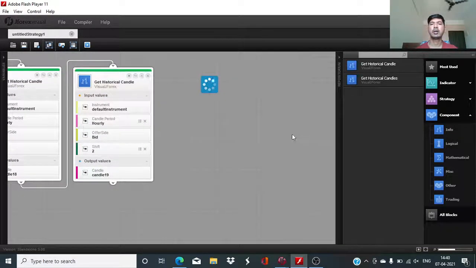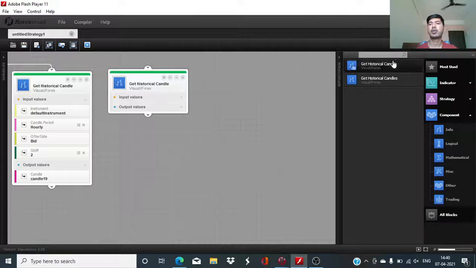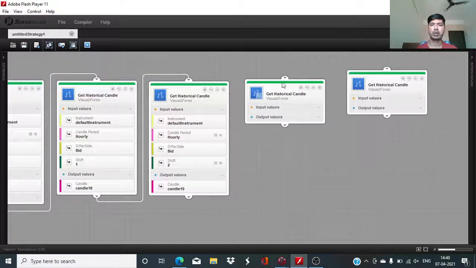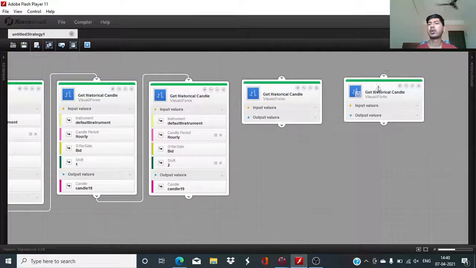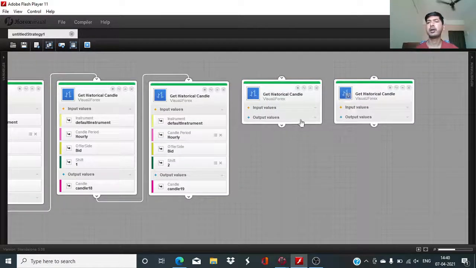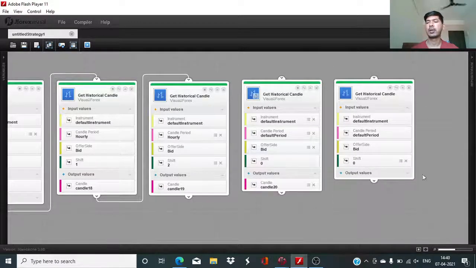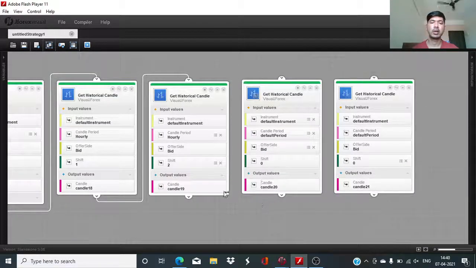And then to pinpoint the exact entry point, we will be relying on the 10-second blocks of get historical candle with look back period of 1 and 2 respectively.